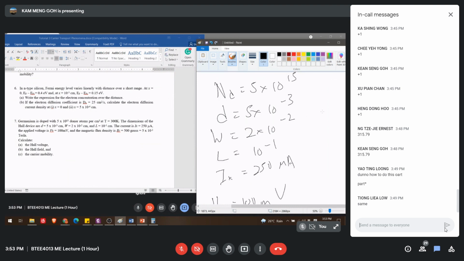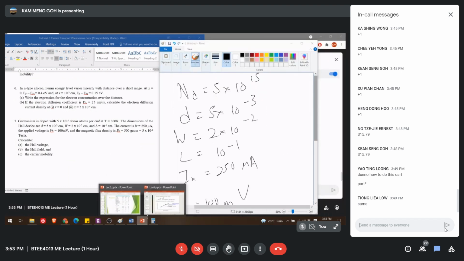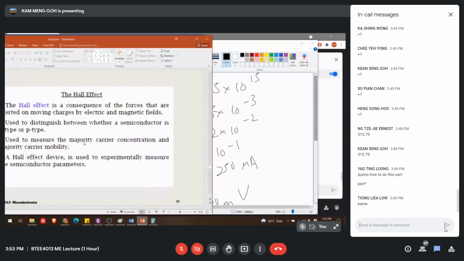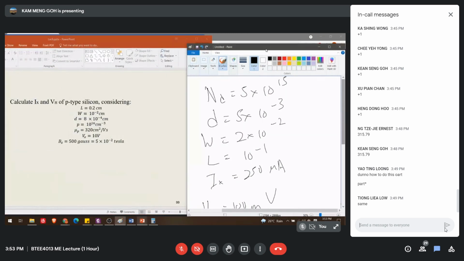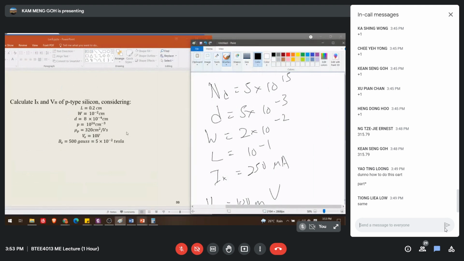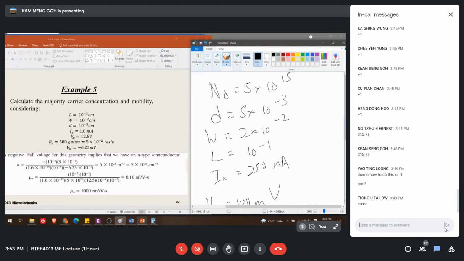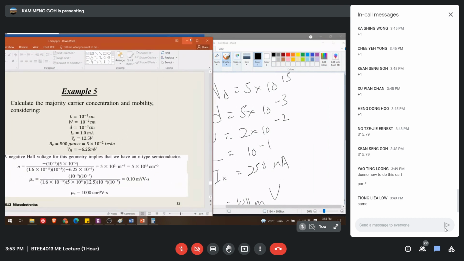To do this, we need to use the right formula. We know that this one is ND, obviously. Note that this is N-type, the majority is N, where we are notified here already.